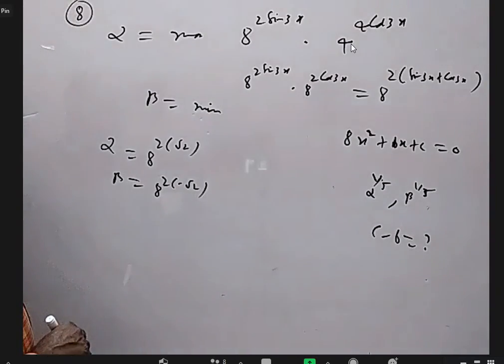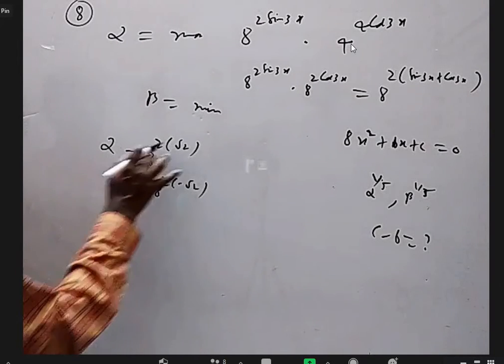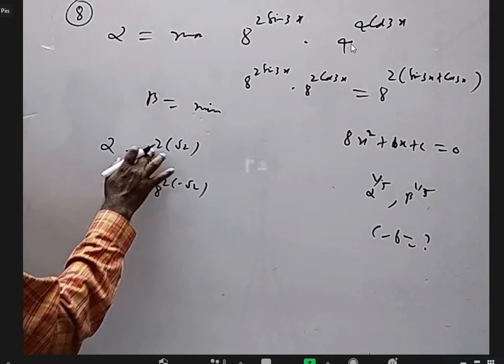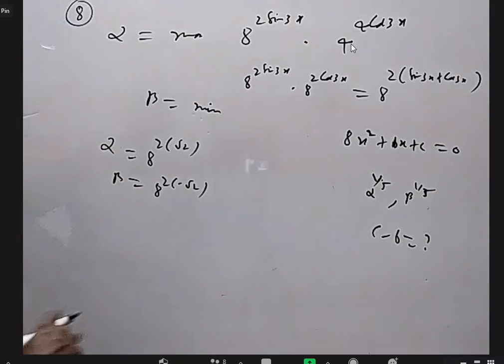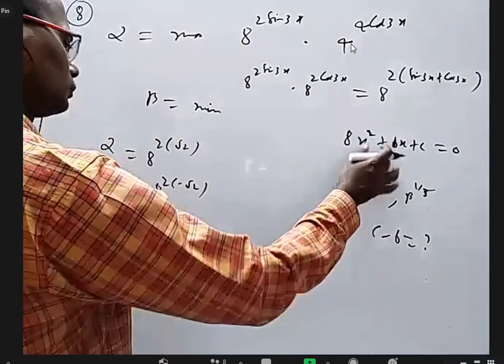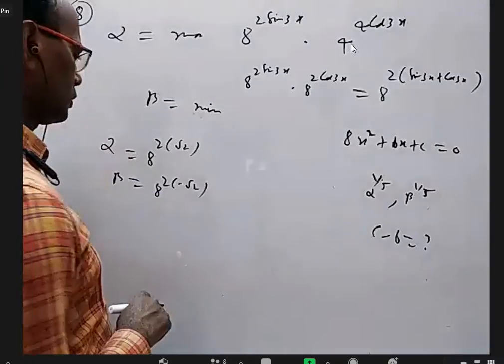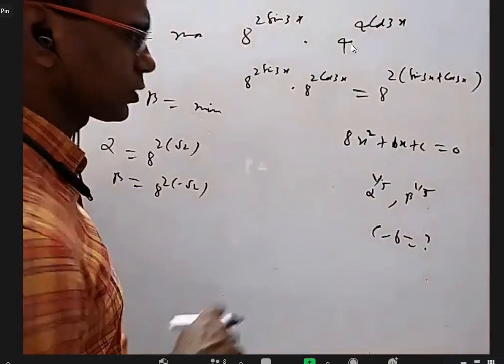Okay, why did they ask alpha power 1 by 5? I can only write 2 power 6 root 2. It's okay. By 8 is there. I can just take the sum of the roots, but the roots are better.